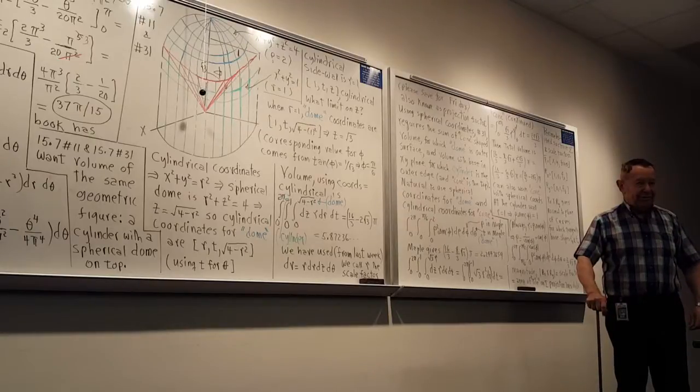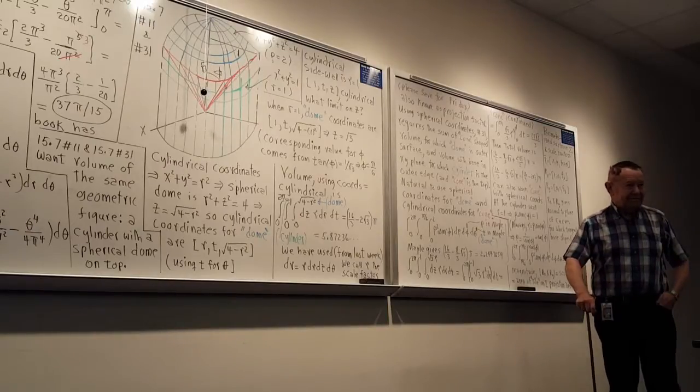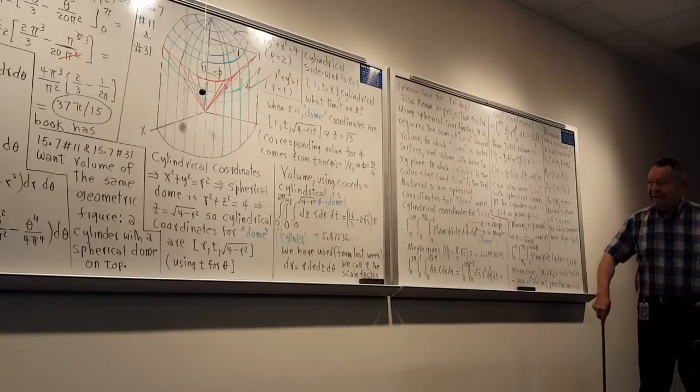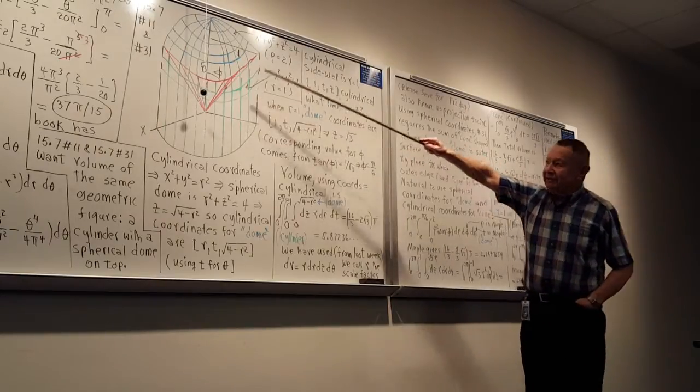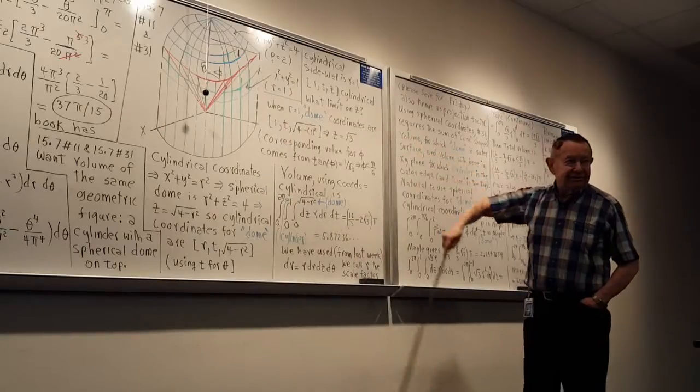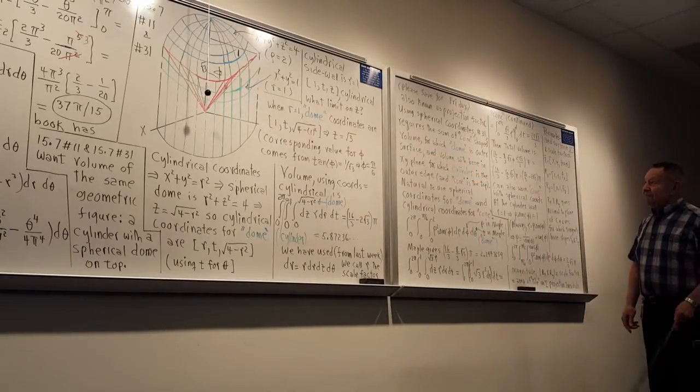And if you remember, you use x is r cosine, so r would be whatever your x value is over cosine, so it would be secant. Okay, you got the same kind of thing here. You're going to be dealing with the secant of this if you're going to do it spherical.